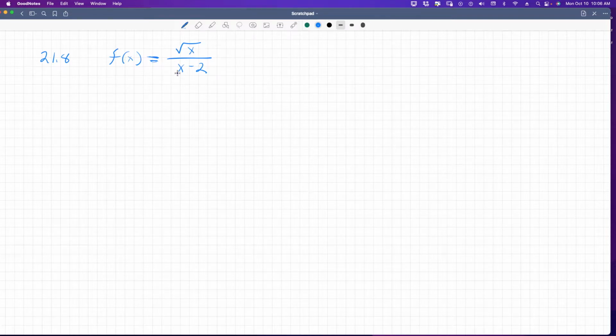So there are two variables here. So that means we're going to have two conditions. Our first condition is that x cannot be less than 0 because it can't be a negative number, because it's a radical. So x has to be greater than or equal to 0. Right?